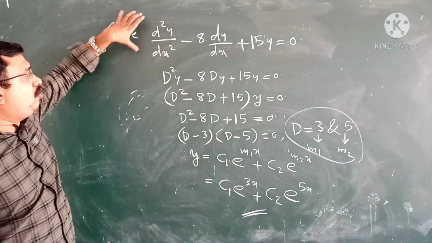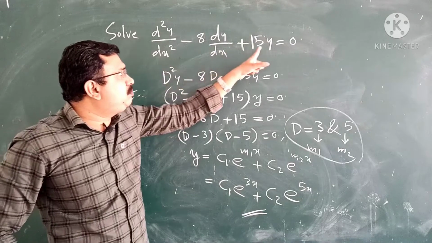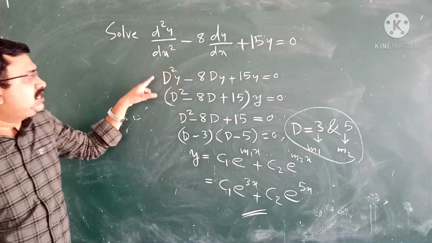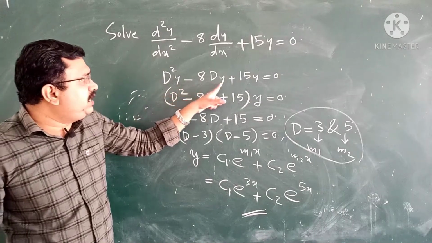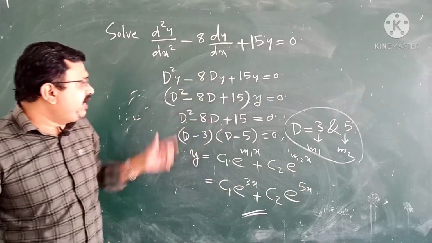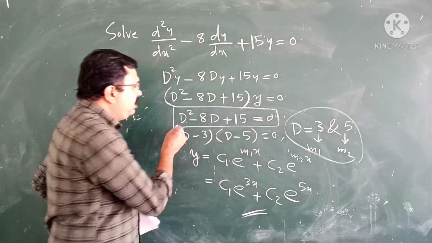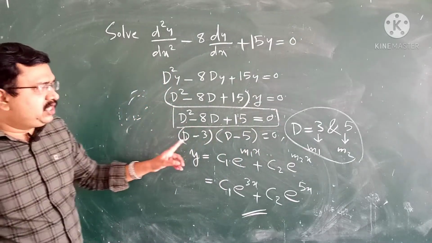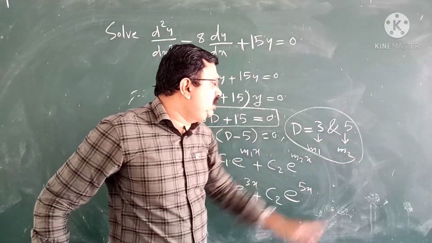Remember that. Solve. Our question is d square y by dx square minus 8 dy by dx plus 15y equal to 0. This can be written as D square y minus 8 Dy plus 15y. Then we get, this one is called our auxiliary equation. We are solving the auxiliary equation. We get two roots, m1 and m2. m1 is 3, m2 is 5.